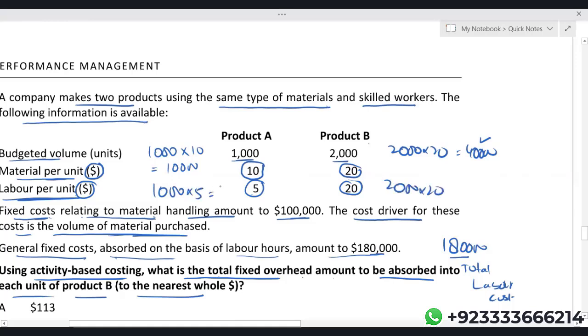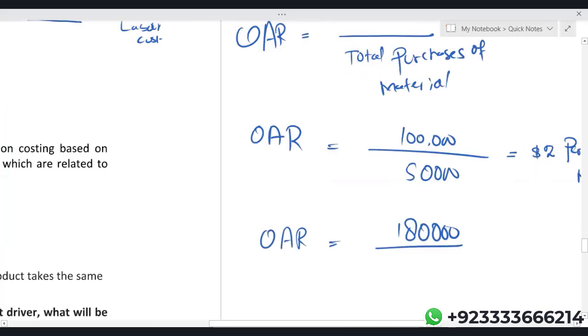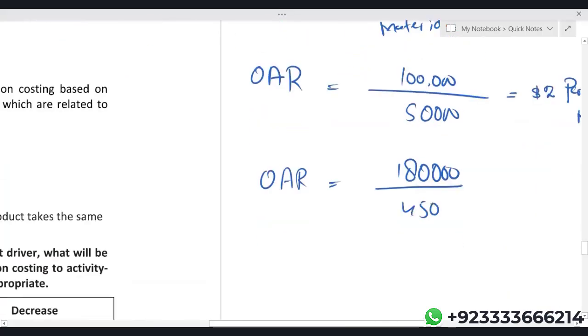So this is obviously 5,000 and this is 40,000. So the total is 45,000. Let me use the calculator. 1,80,000 divided by 45,000. I'm getting $4.